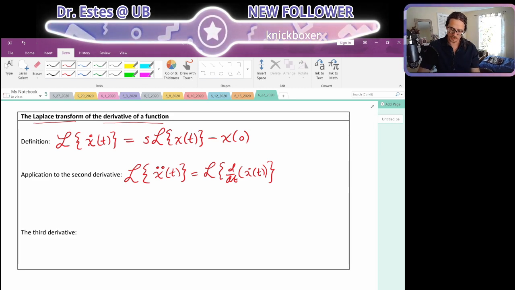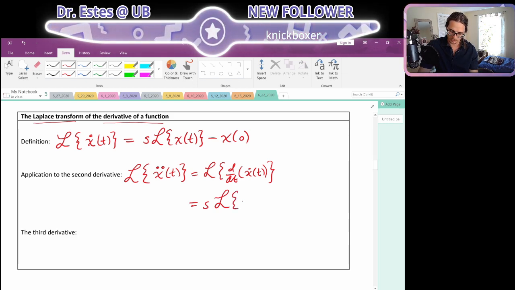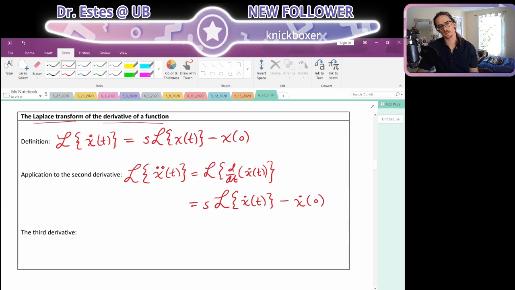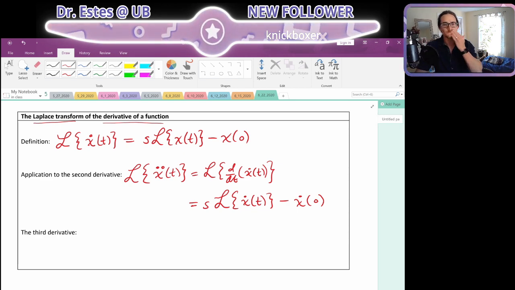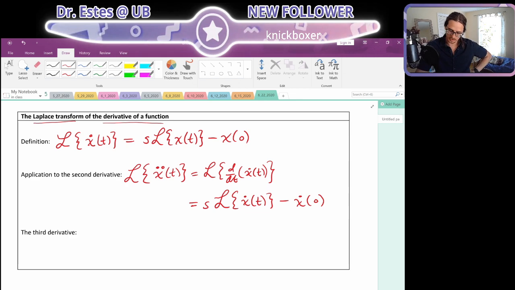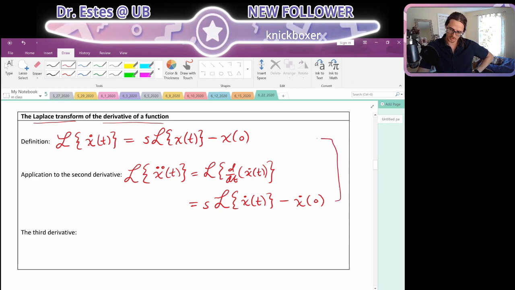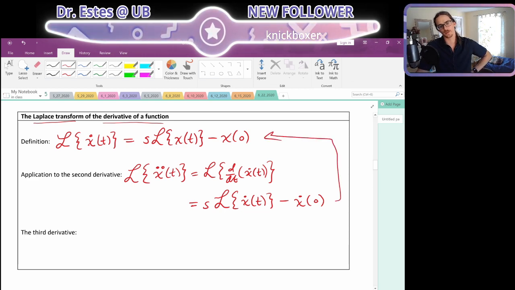So I could think of this as just a first derivative term and use this definition up above. So this would be s times the Laplace transform of x dot of t minus the initial condition for x dot of t. You see what I did? So it looks just like that above. I kind of cheated, but not really.